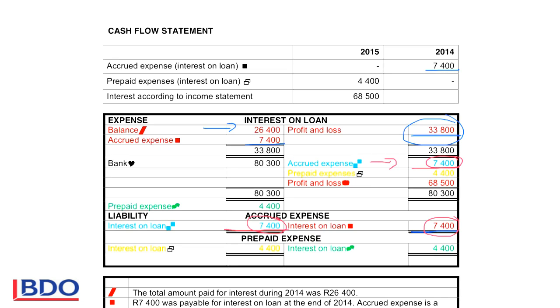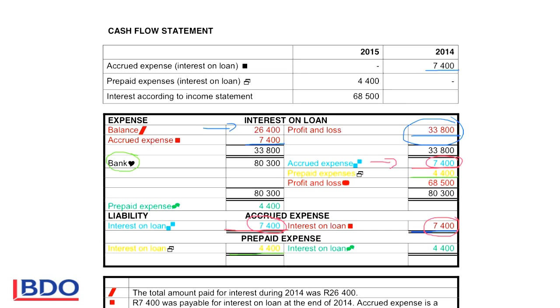So first of all, included in the amount that we paid on the debit side, so included in that bank amount, is prepaid expense that's not for the current year. I will therefore have to remove the prepaid expense from my interest on loan account and show that interest on loan is credited with 4,400 to reduce the expense for the current year, and a prepaid expenses asset account is created for 4,400.